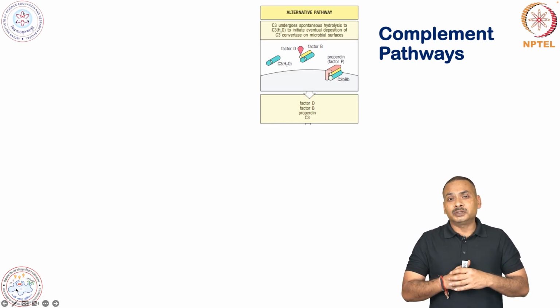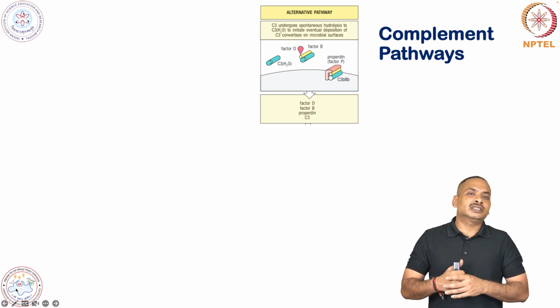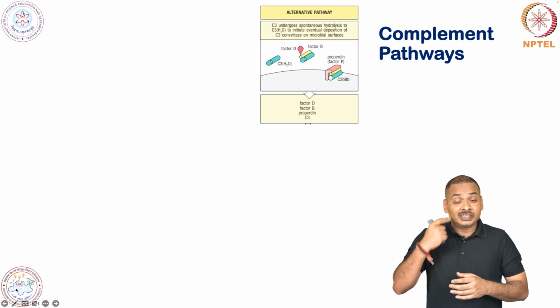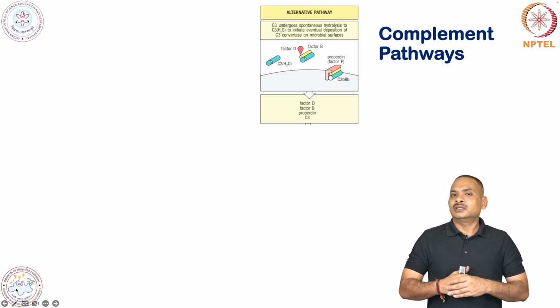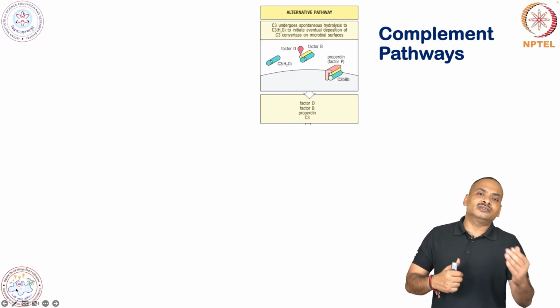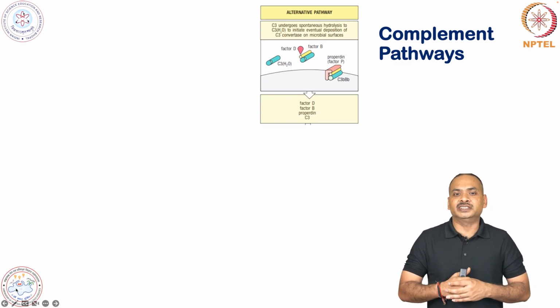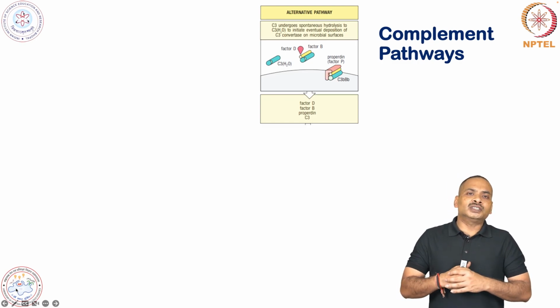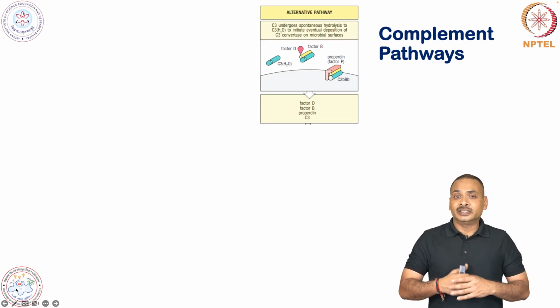C3 is complement 3. This initial hydrolysis causes the deposition of C3b over the target cell, which then interacts with another factor and acquires enzymatic activity. So the alternative pathway is spontaneously triggered when there is a microbial infection.